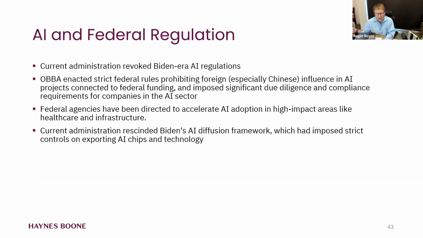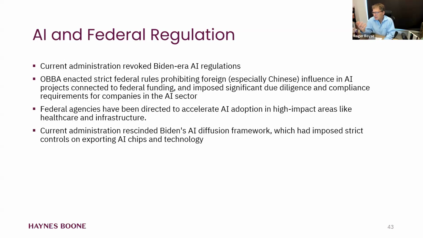And then finally on AI, even though the bill did not have federal preemption, the current administration has done a lot on AI. It's pro-crypto. It's also pro-AI. There were several Biden-era regulations around AI that were mostly restrictive and regulatory. Those have been revoked. But now we have federal rules that instead prohibit foreign influence on AI projects that are connected to federal funding.